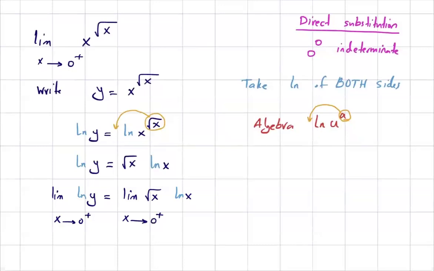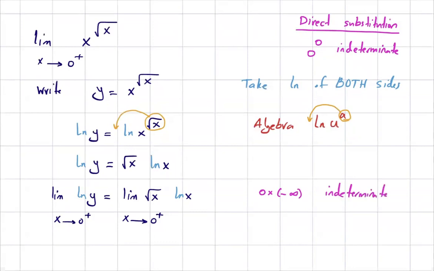In this case, your right-hand side is 0 times ln of 0 from the right-hand side, which is negative infinity, but again, it is an indeterminate form.